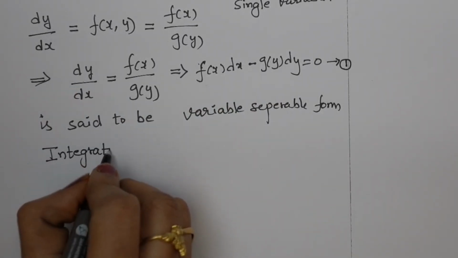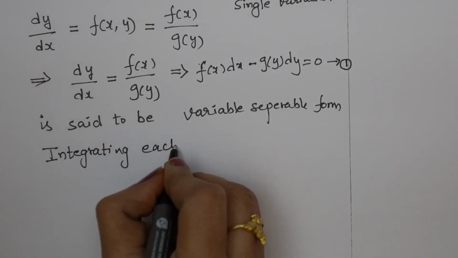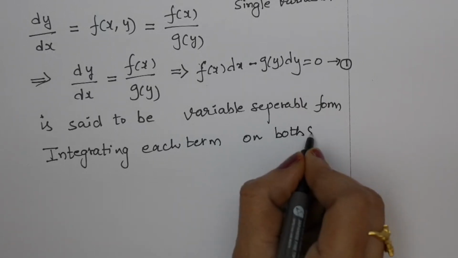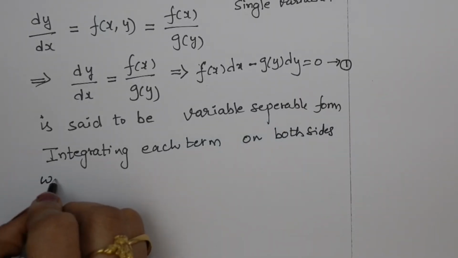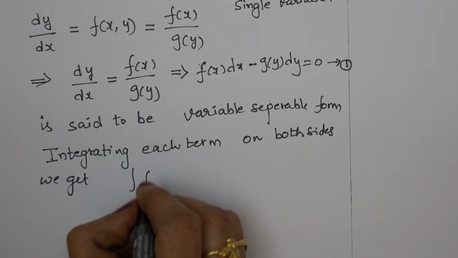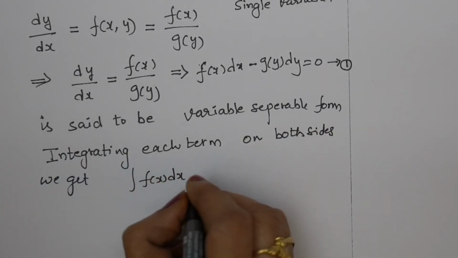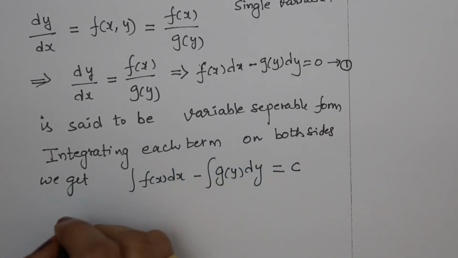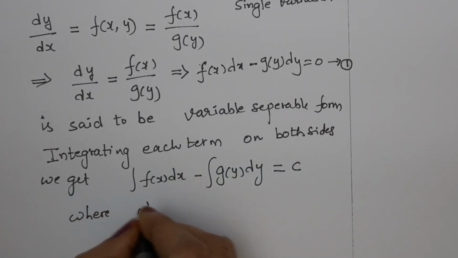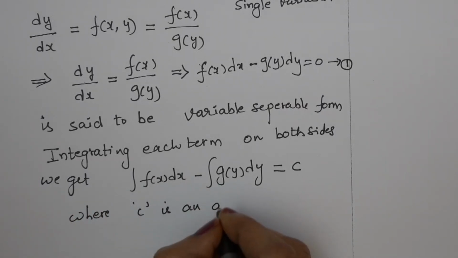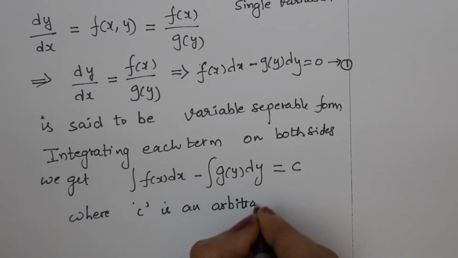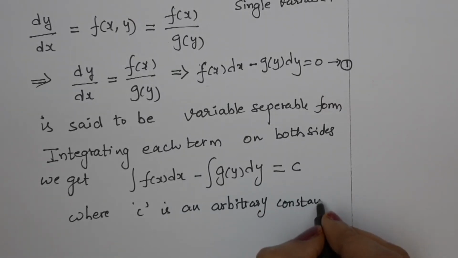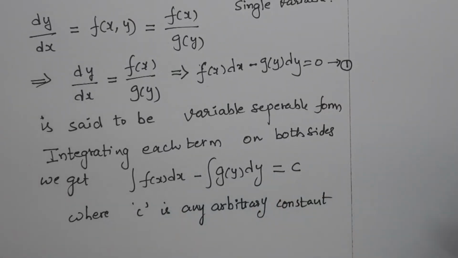Integrating each term on both sides, we get integral f of x dx minus integral g of y dy equal to c, where c is an arbitrary constant. C is any arbitrary constant.